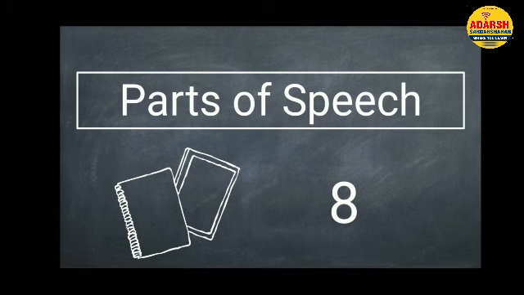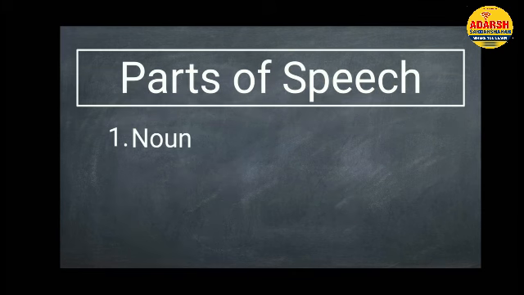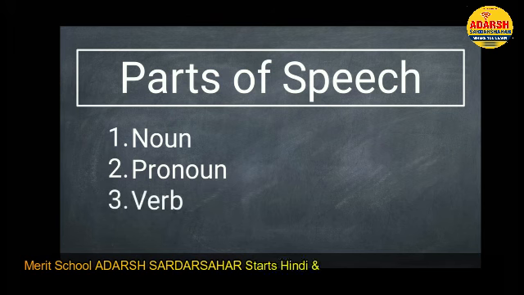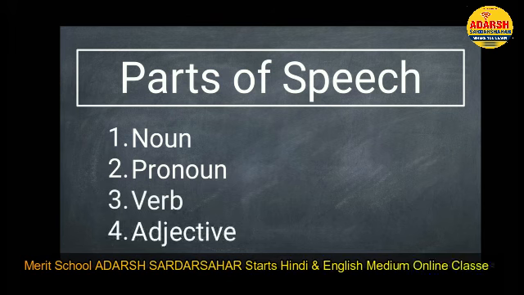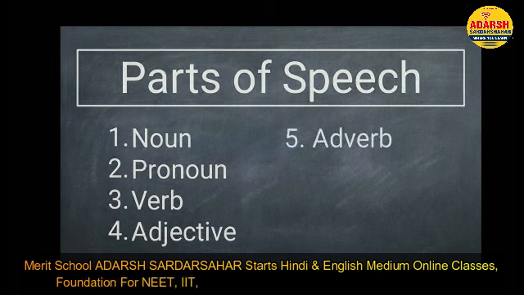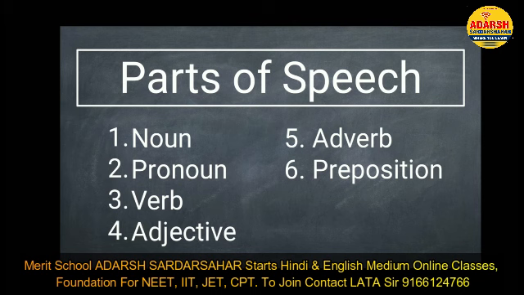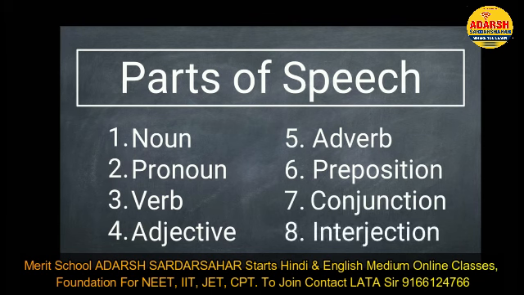Parts of speech are mainly divided into 8 types. First is noun, second pronoun, third verb, fourth adjective, fifth adverb, sixth preposition, seventh conjunction, and finally eighth interjection.